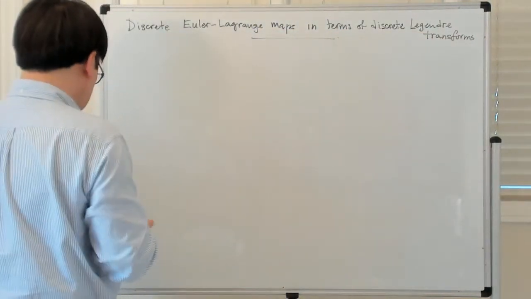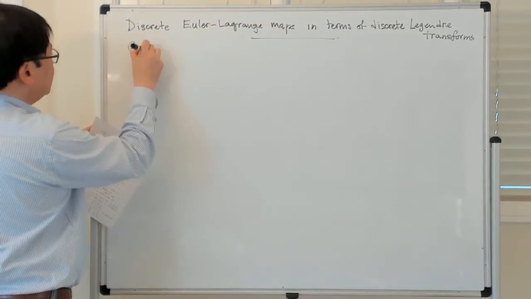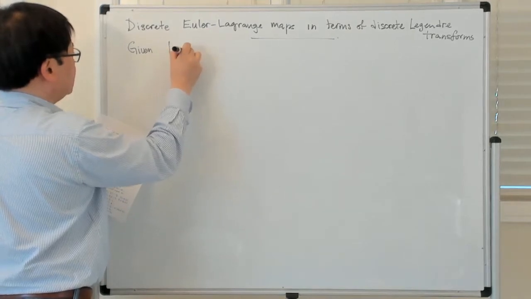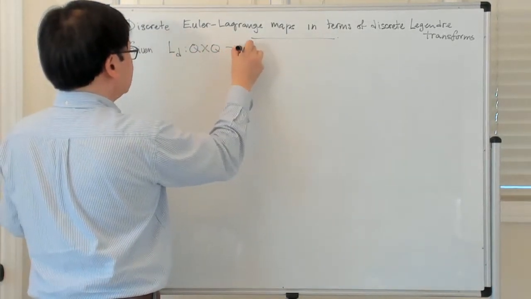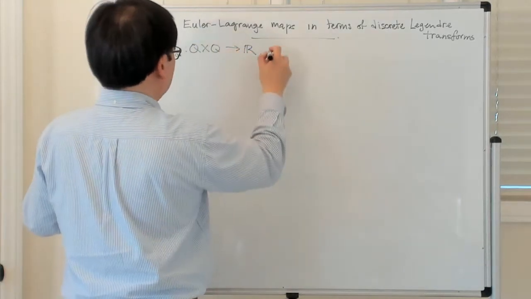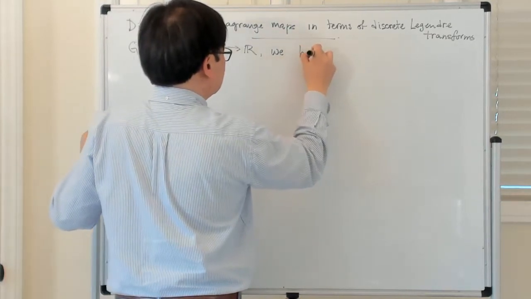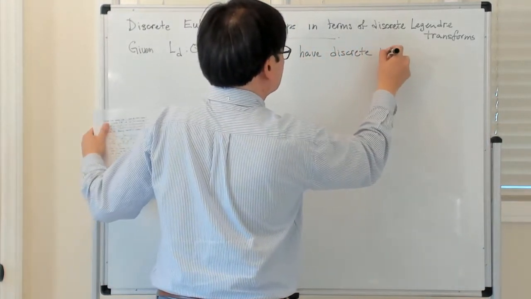Okay, let's just recall the setting. You're given a discrete Lagrangian, L_D, which is a map from two copies of the configuration manifold to the reals. And then we have discrete Legendre transforms, and there are two of them.